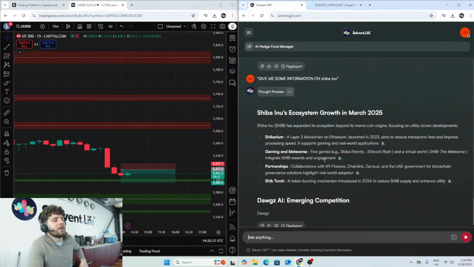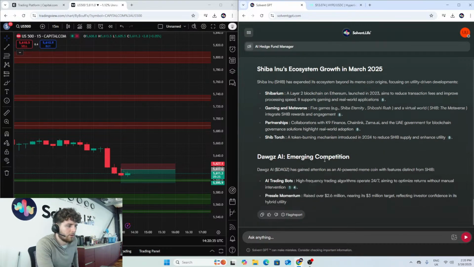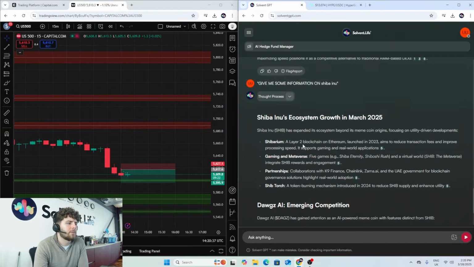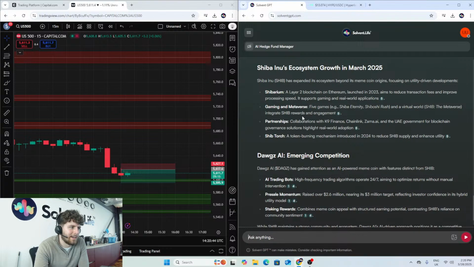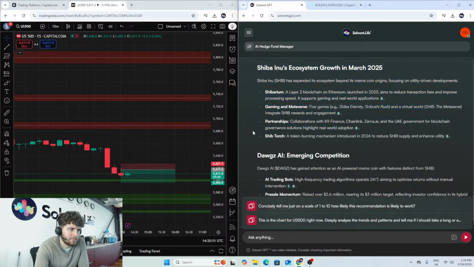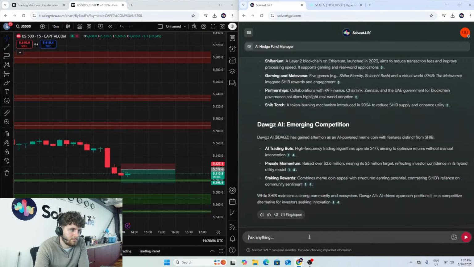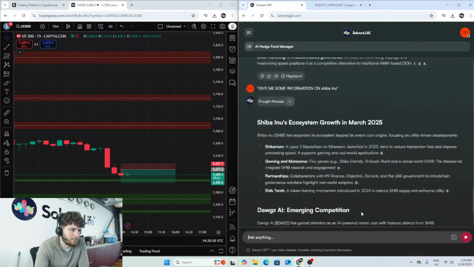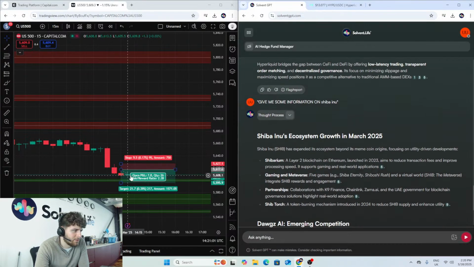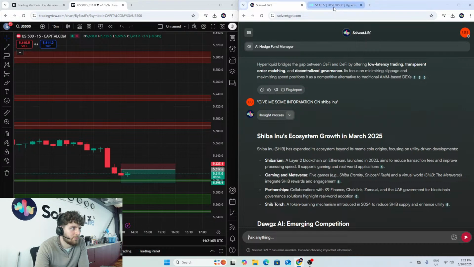So what do we have here? Ecosystem growth in March of this year. Shibarium. Gaming and metaverse, some partnerships. And a token burning mechanism. So that's very interesting. We will see. Maybe we can read into Shiba Inu a little bit more.